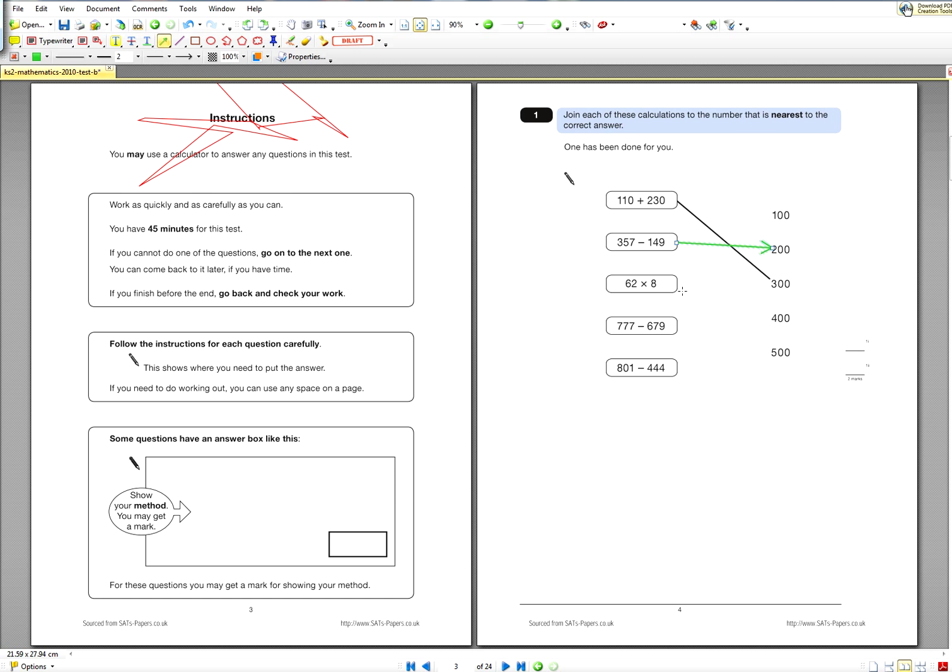62 times 8. What does that give you? 484, which is closest to 500. You've got 777 minus 679. What answer did you get? 98.